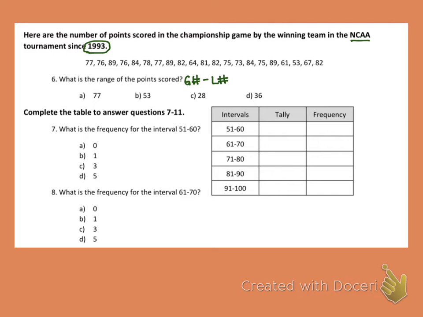Nothing's in the 90s, but I do see this 89 right here, so that would be the greatest number. And the 53 would be the least number. You're going to subtract those to get your range whenever you do this on your own.